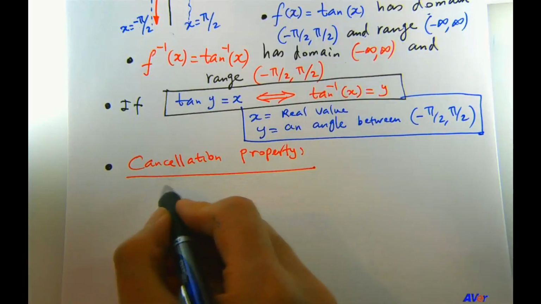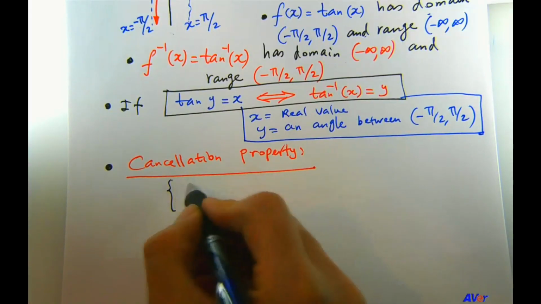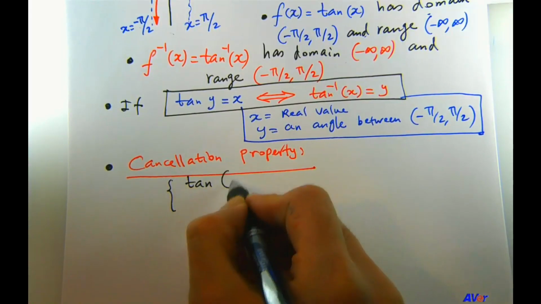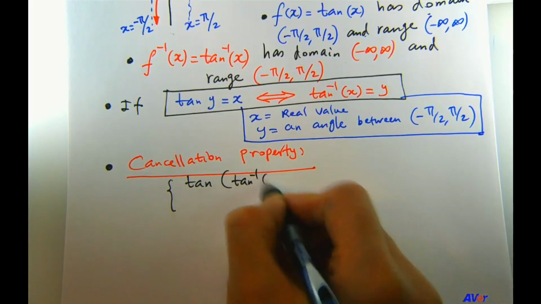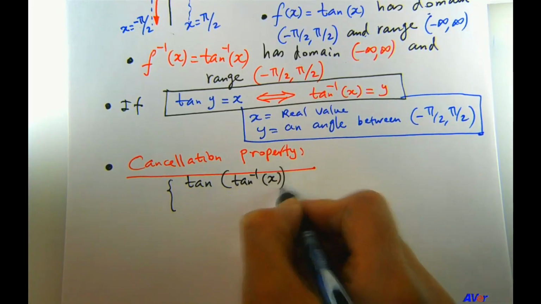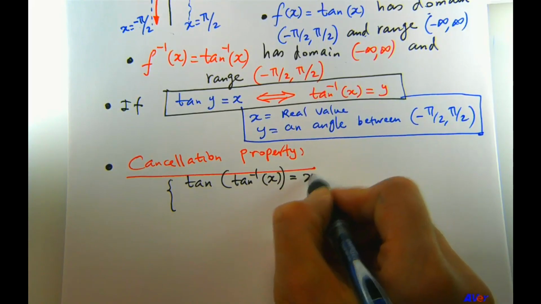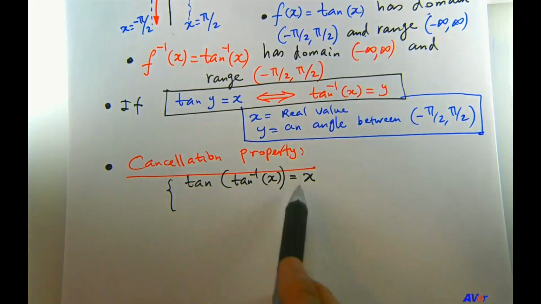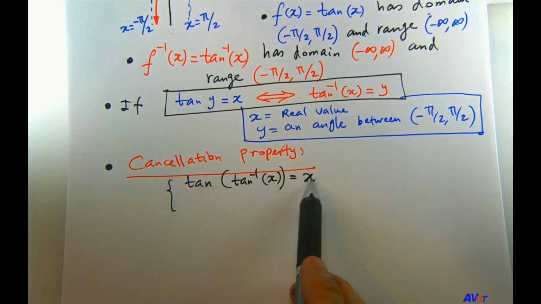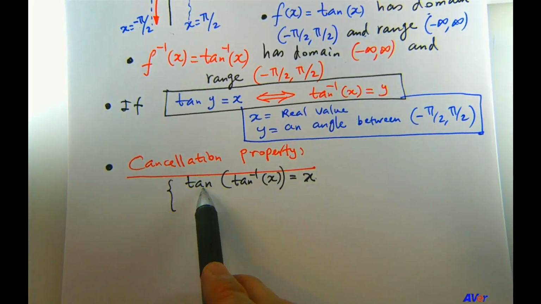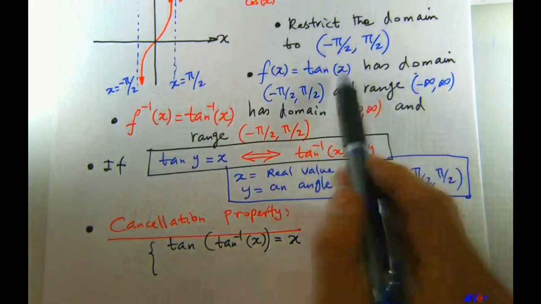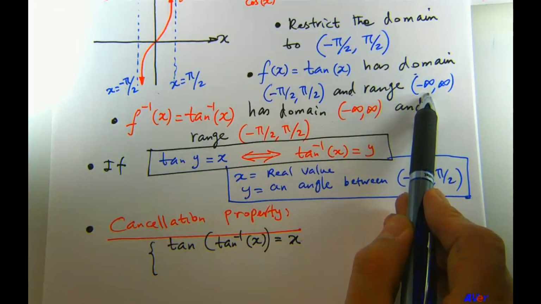According to the cancellation property, if we take the tangent of inverse tangent of x, that'll be equal to x, and this x is in the range of tangent, and tangent had negative infinity to infinity.